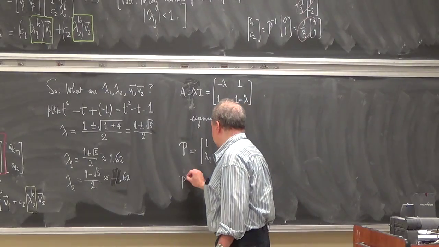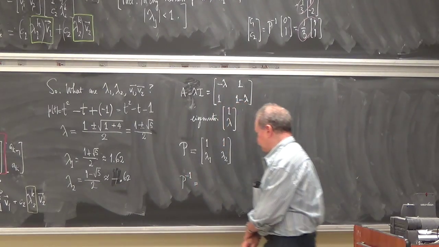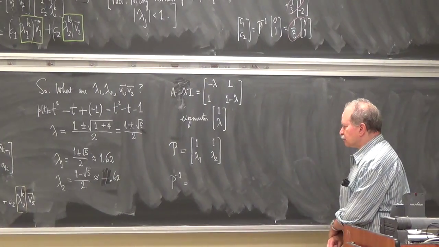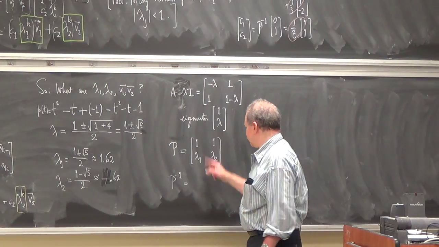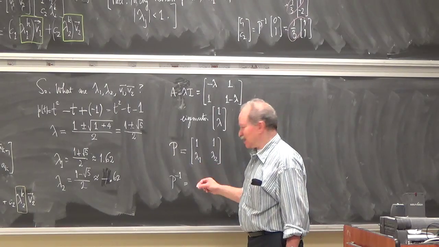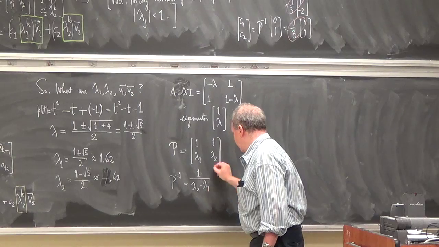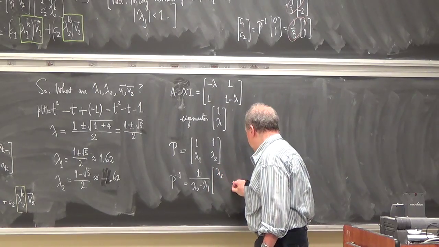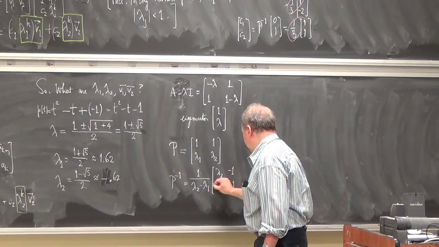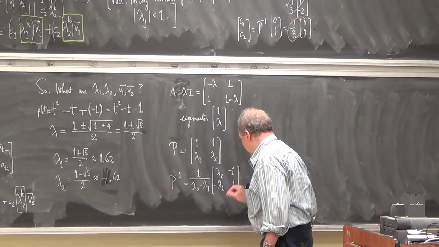What's P inverse? It's 1 over lambda 2 minus lambda 1, which I just said is negative, but it nevertheless is here. Then I switch the diagonals and negate the off-diagonals, and I get this.